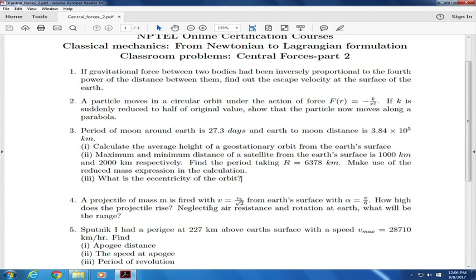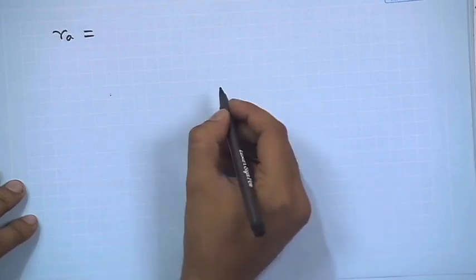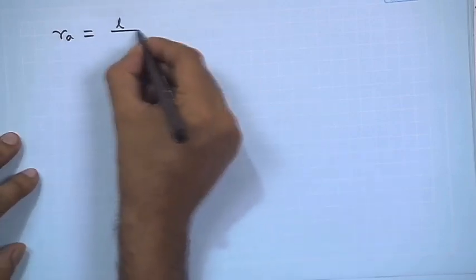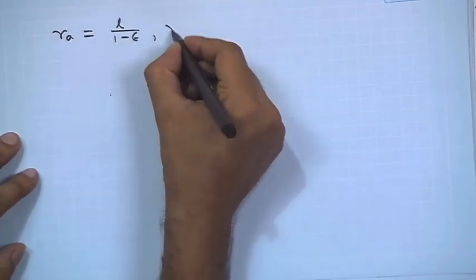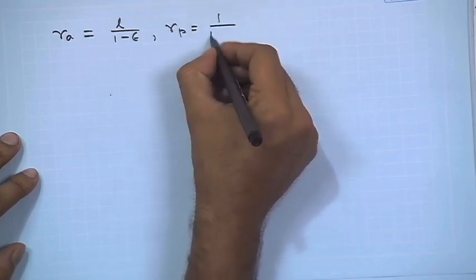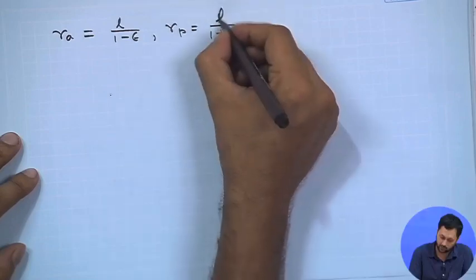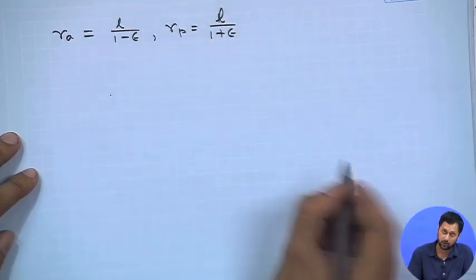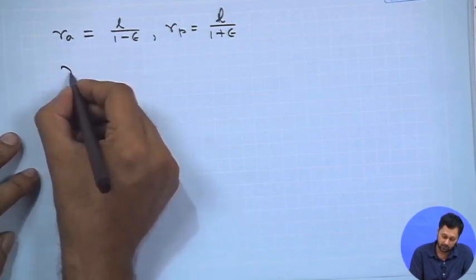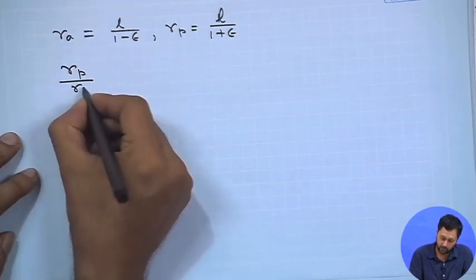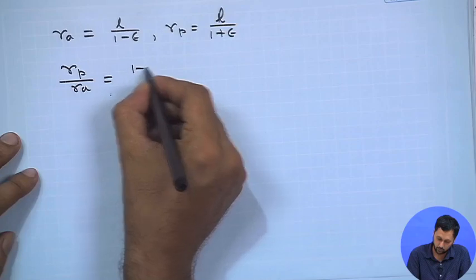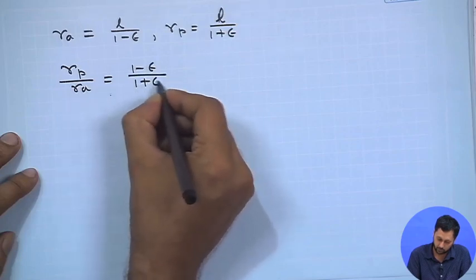Now, for the eccentricity expression, please remember that R_A, the apogee distance, is given by L into 1 minus epsilon, and R_P is given by L by 1 plus epsilon. Okay. So, from this we see that R_P by R_A is equal to (1 minus epsilon) by (1 plus epsilon).